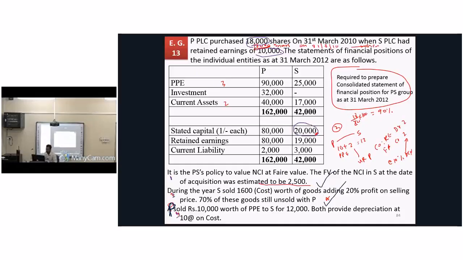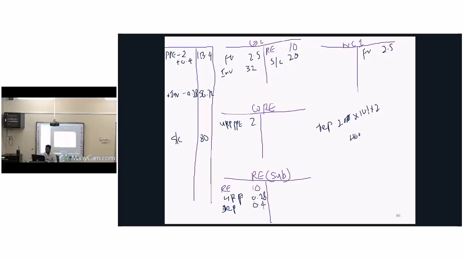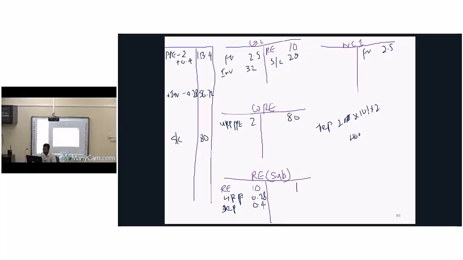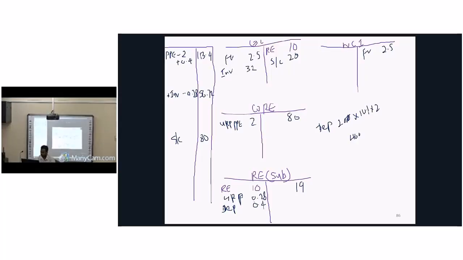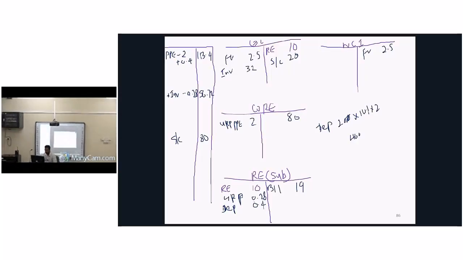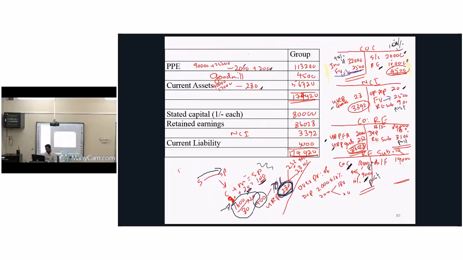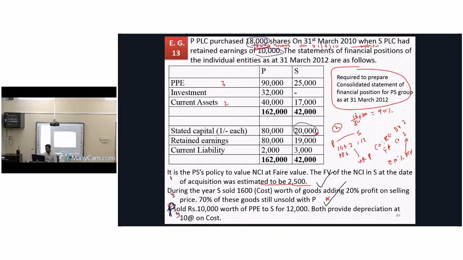Retained earnings 80 and 19, consolidated retained earnings 80 and here it is 19 as brought forward balance. And current liability 2 and 3 no change, 5 we can take as it is.